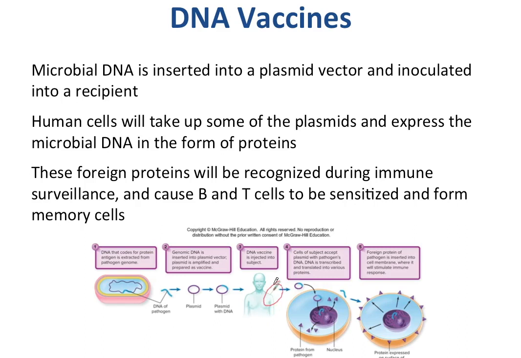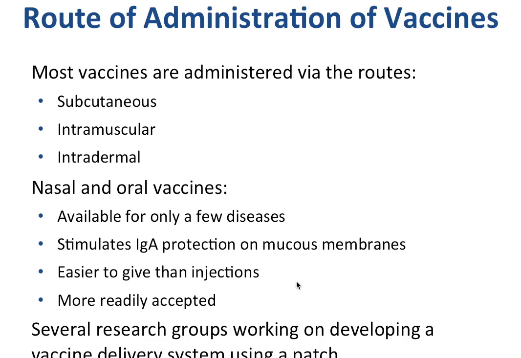So the human can translate the DNA information in the plasmid to produce the antibodies used for the vaccine. We can administer the vaccine through the subcutaneous route, intramuscular route, and intradermal route. The nasal and oral route is really rare.